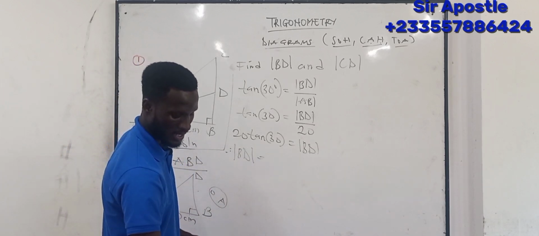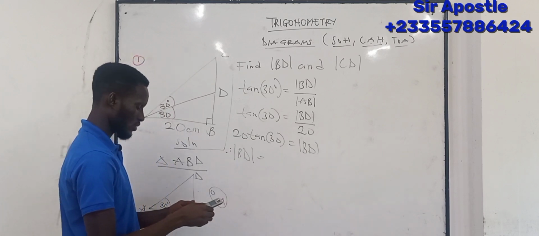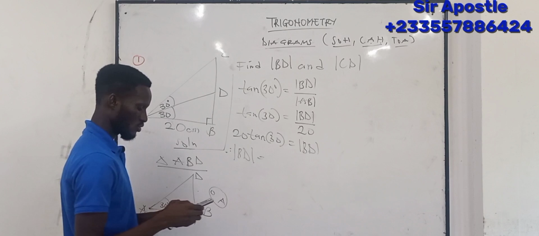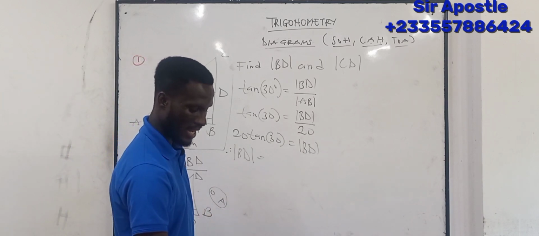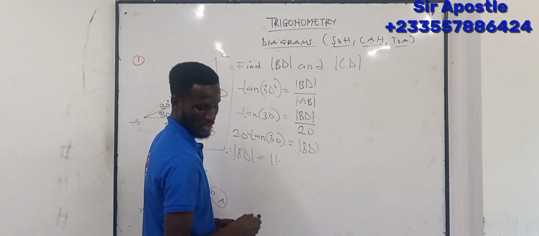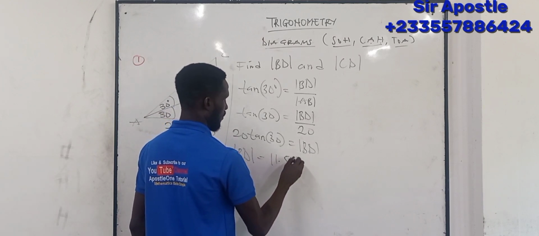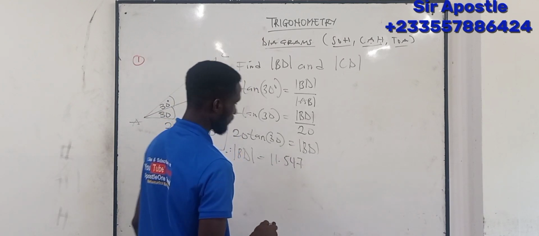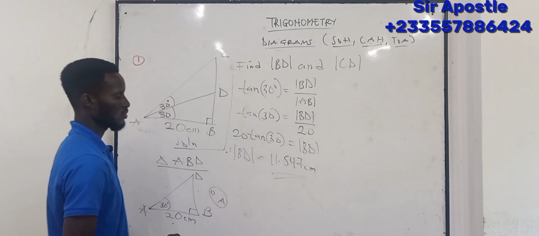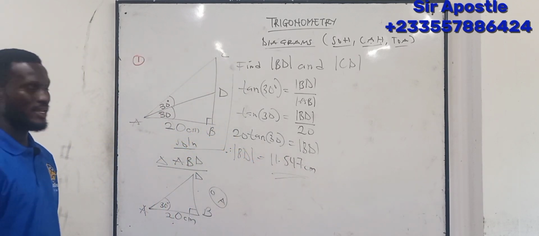So 20 tan 30 is 11.47 centimeters. I want to leave it to 2 decimal places.